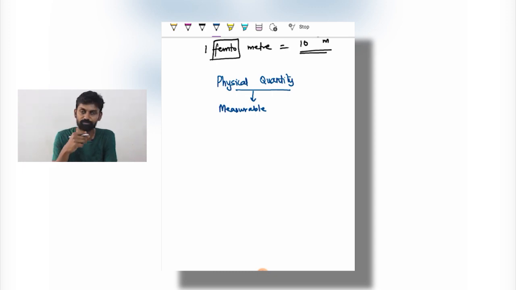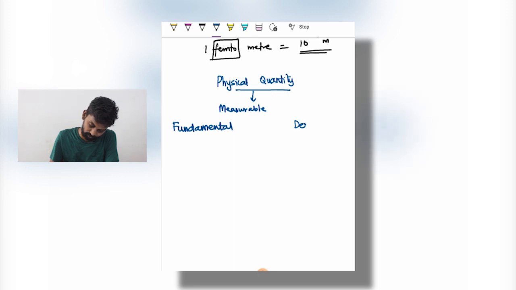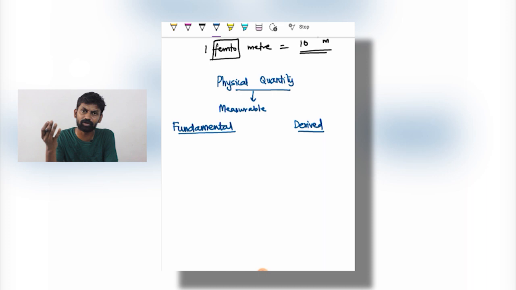So there are two types of physical quantities. One is fundamental quantities and the other is derived quantities. The units of these fundamental quantities are called fundamental units. The units of these derived quantities are called derived units. Let us see what they are.